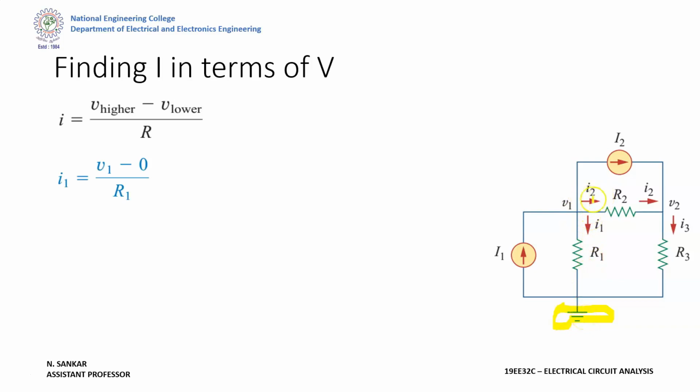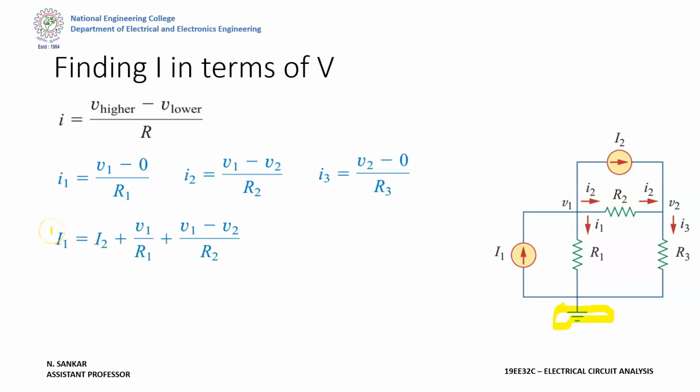Similarly for I2, the current direction is from V1 to V2, so the higher voltage will be V1, because we have chosen the direction as moving from V1 to V2. That's why the formula will be V1 minus V2 divided by R2. Similarly for I3, it is V2 minus 0 divided by R3. So these are the currents expressed in terms of nodal voltages by using Ohm's law.